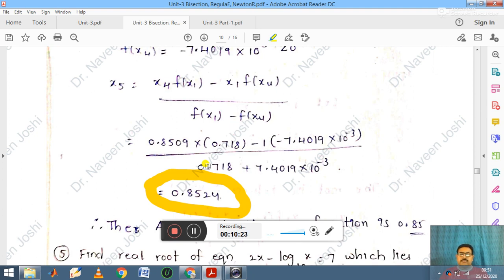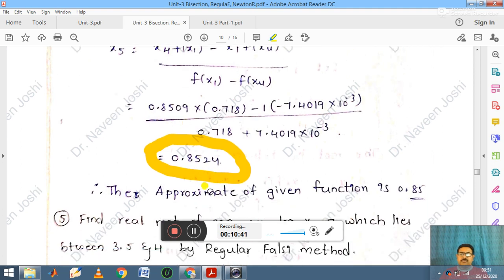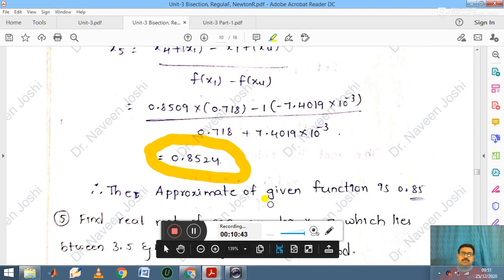In the examination, if they ask for the Regula-Falsi method, try to solve up to the fifth or sixth iteration, because in the fifth or sixth iteration you can match 2 to 3 digits. Here the last x5 value is 0.8524, and this is the approximate root of the given equation.